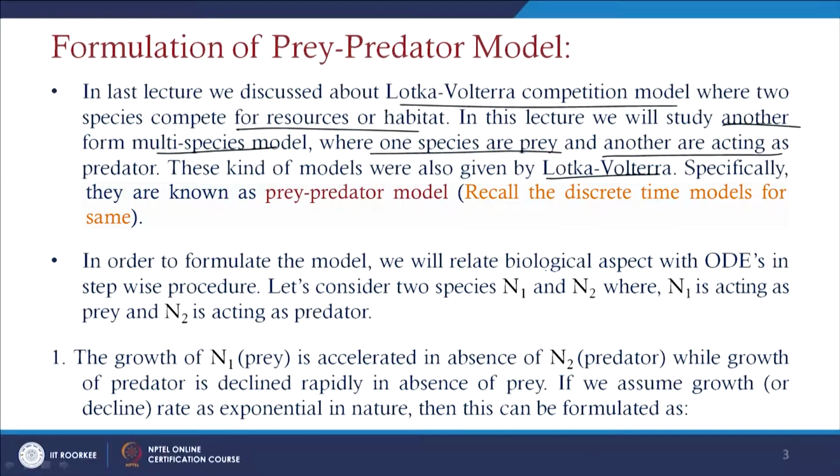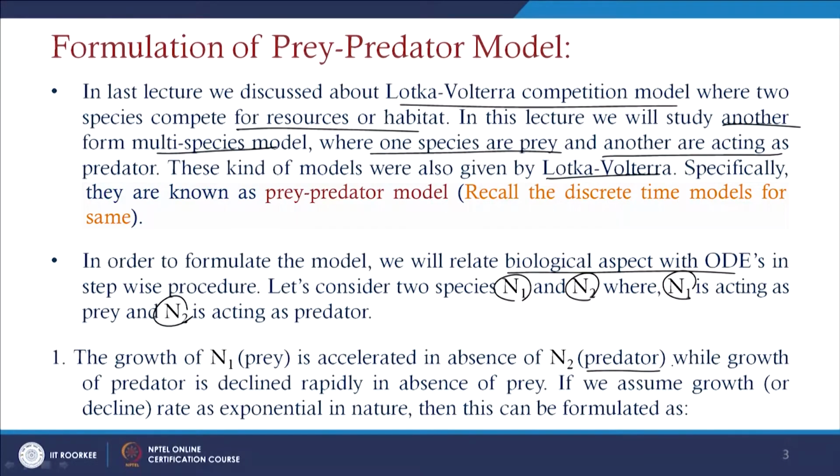In order to formulate this model, we will relate these biological aspects with ordinary differential equations in a stepwise procedure. Suppose there are two species N1 and N2, where N1 is the prey and N2 is the predator. The growth of N1, the prey, is accelerated in the absence of N2, the predator.